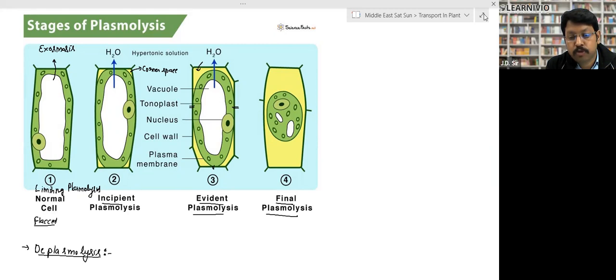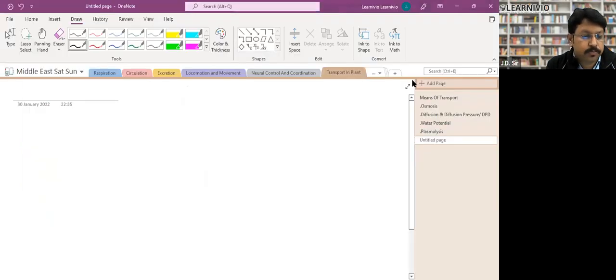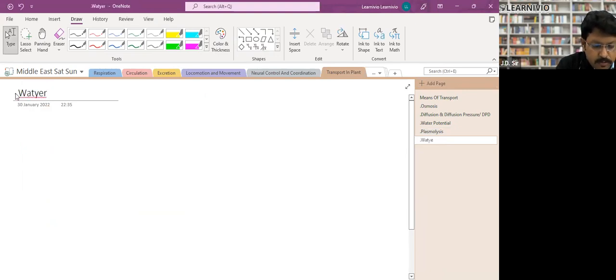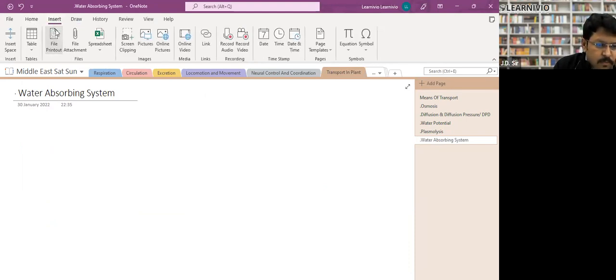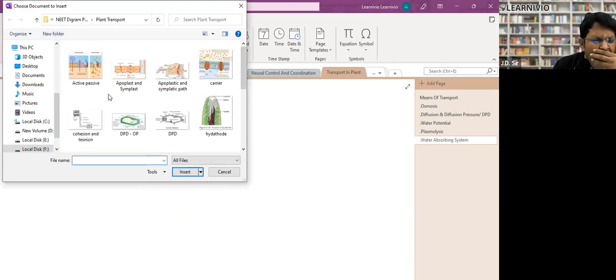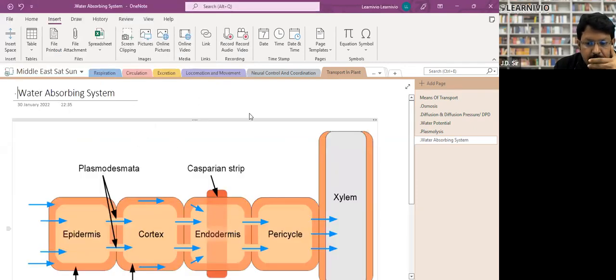How is water absorbed? There are two pathways, apoplastic and symplastic pathway, right?